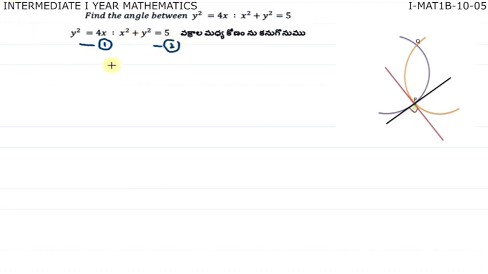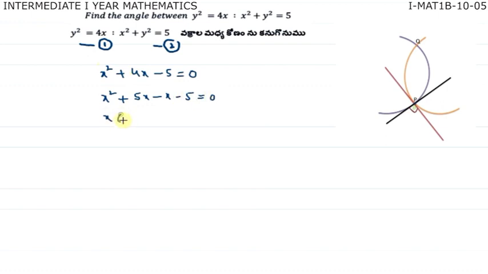So substitute 1 in 2. From that I will get x square plus y square, that is, plus 4x, and if I bring 5 to this side, I will get minus 5 is equal to 0 here. On factorization, I am writing this as plus 5x minus x minus 5 is equal to 0.